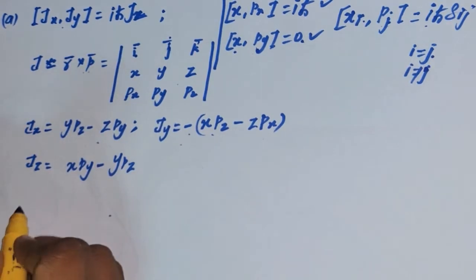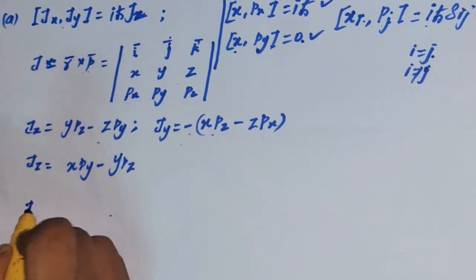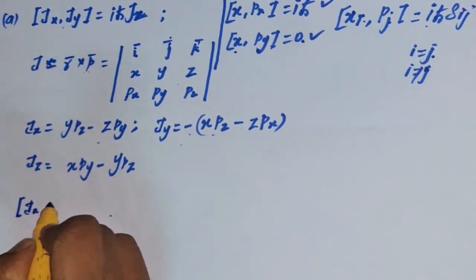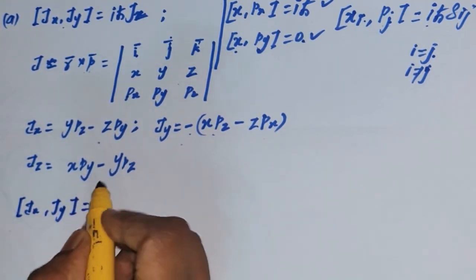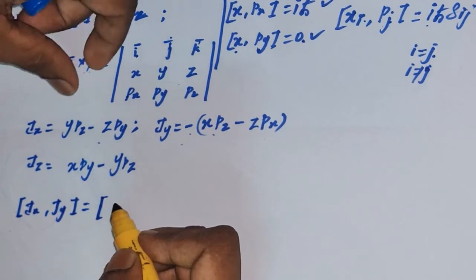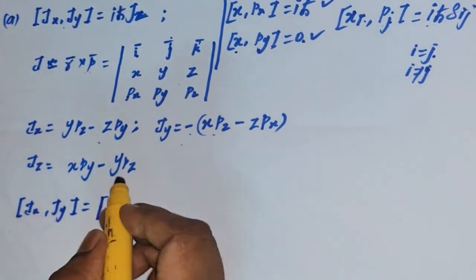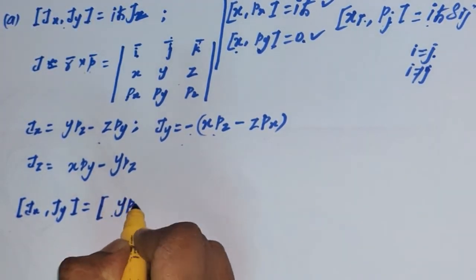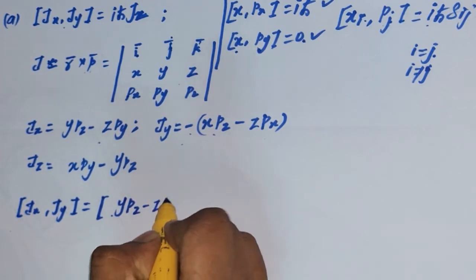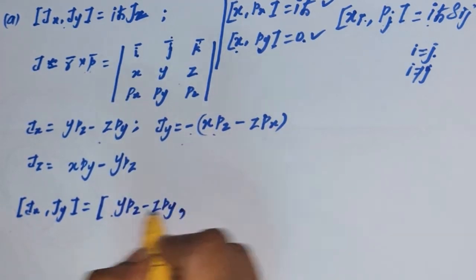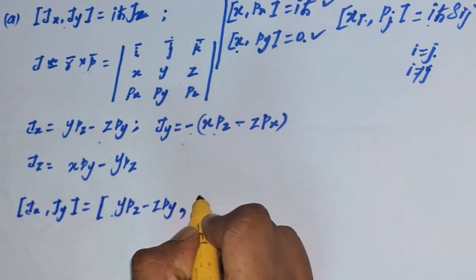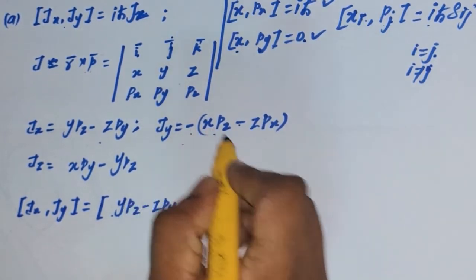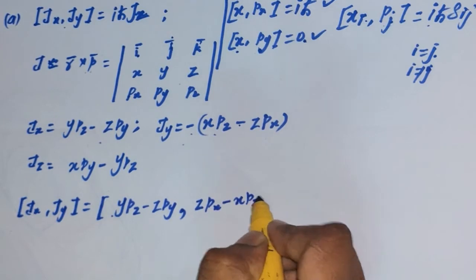First we can substitute the values: [Jx, Jy] equals [y pz minus z py, z px minus x pz].